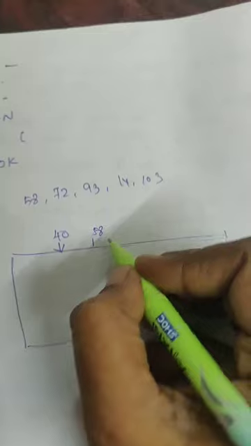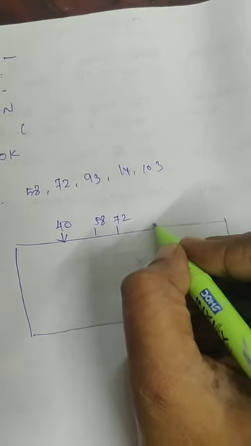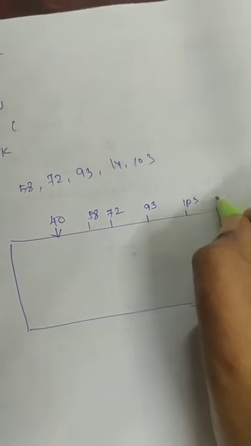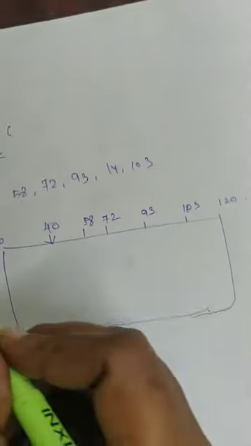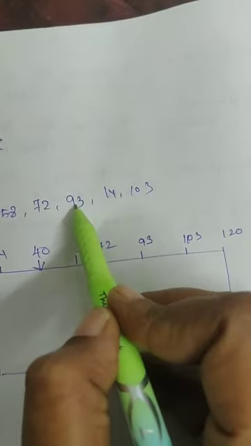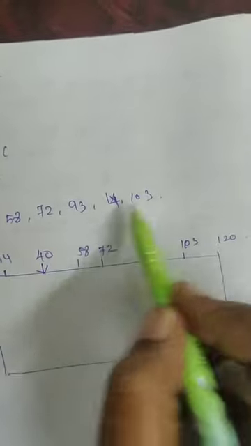It is 58 here, 72 here, 93 here, probably 103 is here, and let it be 120. I have 120 sectors here, starting from 0, and my 14 is here. So 58 is the first request, then 72, 93, 14, and 103. This is the order in which they have come.